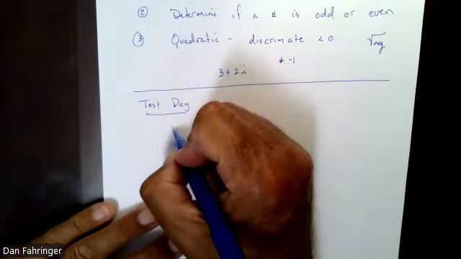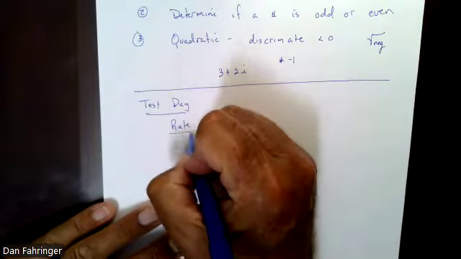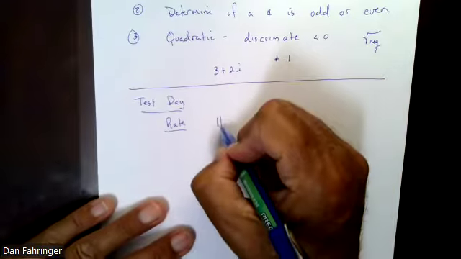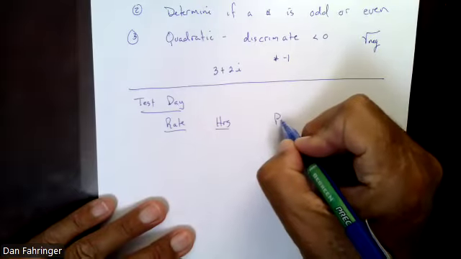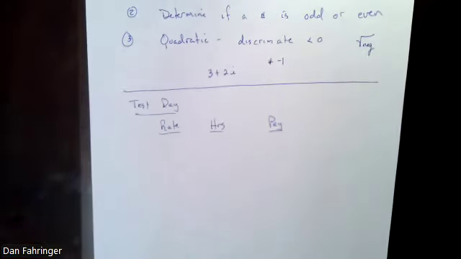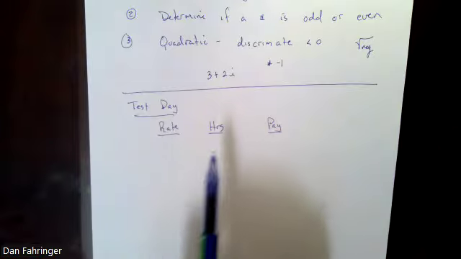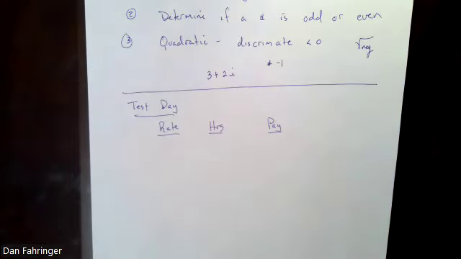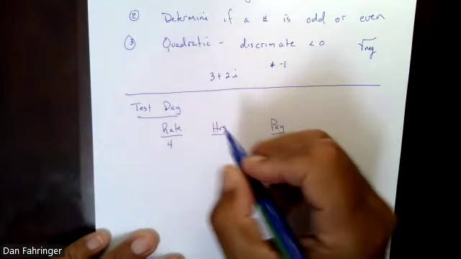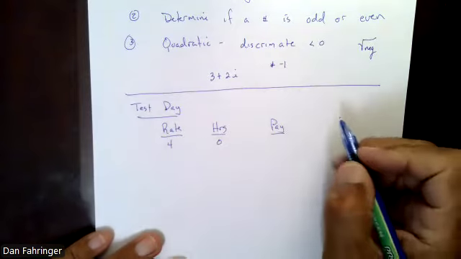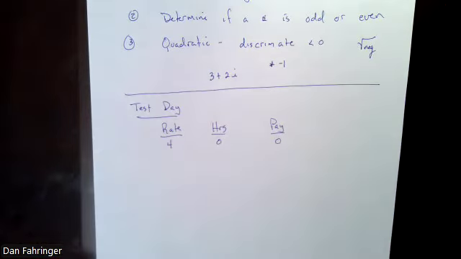All right, so, test data. I'm thinking of what would be some good test data. I need rate, I need hours, and I need what the pay is going to become. So, throw something at me. We could say I get paid $4 an hour for 0 hours. My pay should be zero.